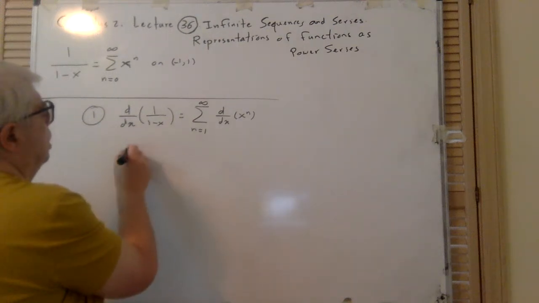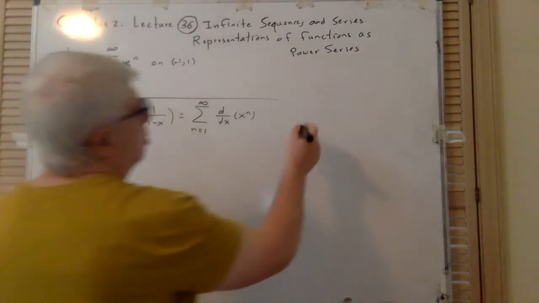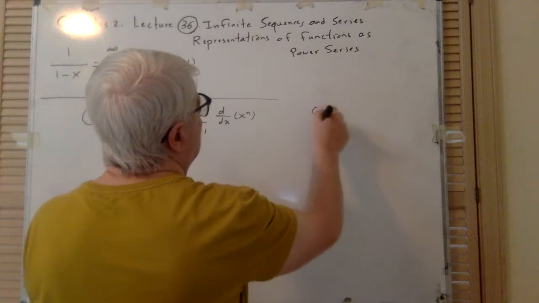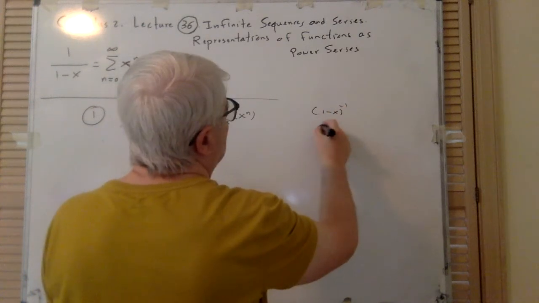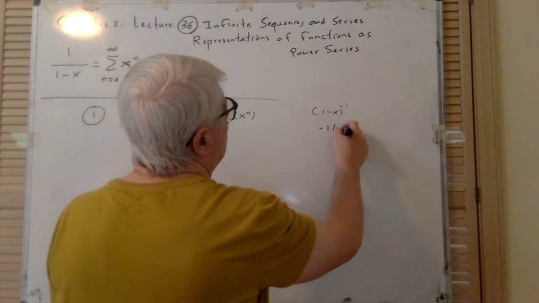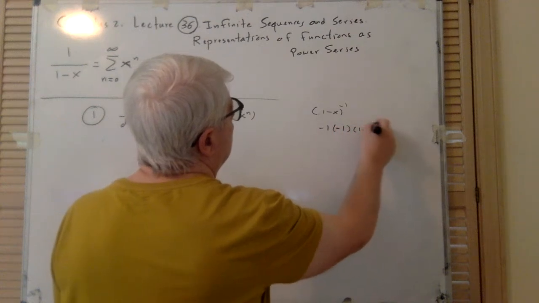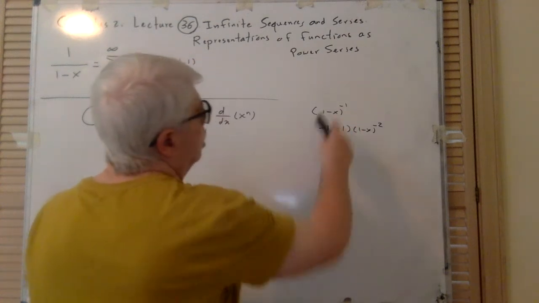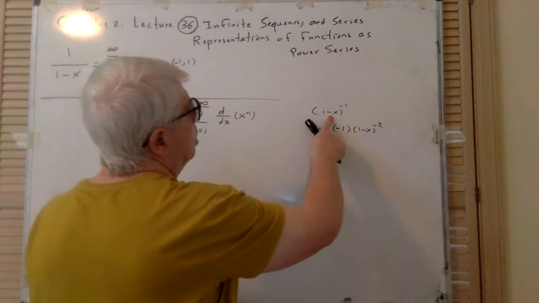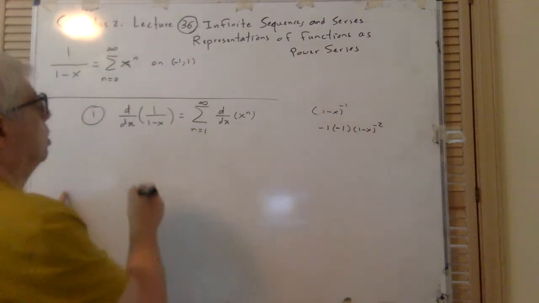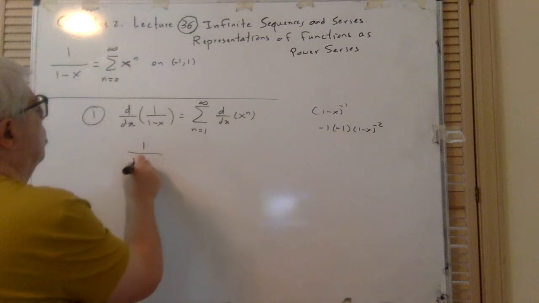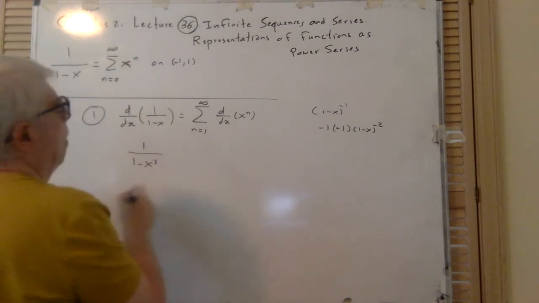This is, in fact, let me write it here, then I will erase it. That's (1 - x)^(-1). d/dx will be minus 1 times minus 1 times (1 - x)^(-2), right? The derivative of 1 minus x, in fact, is minus 1. So I will get 1 over (1 - x)^2.